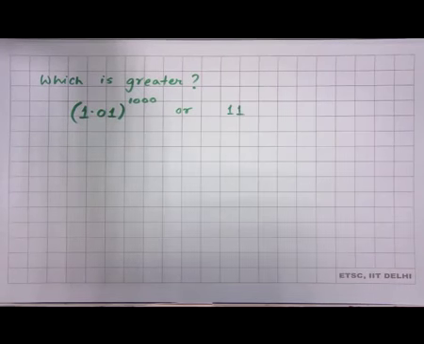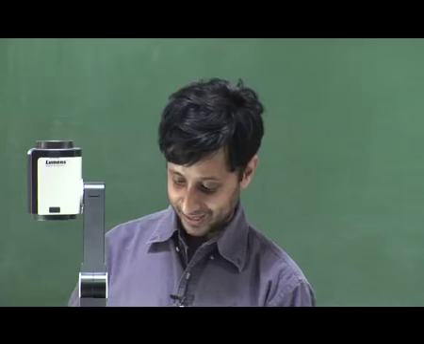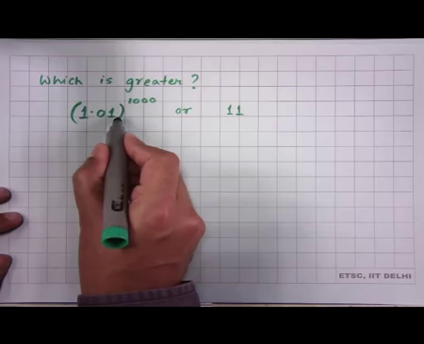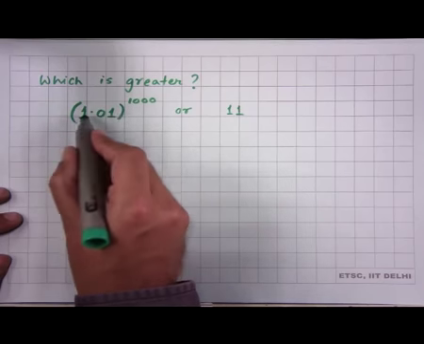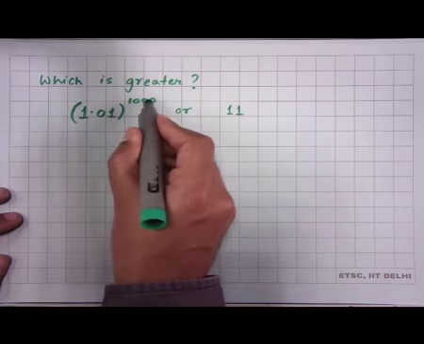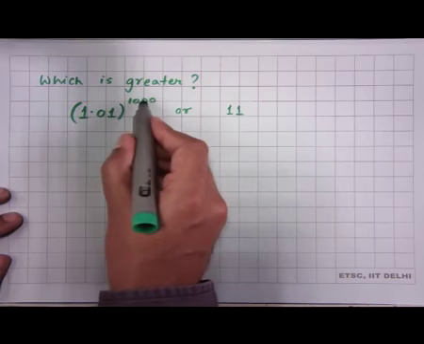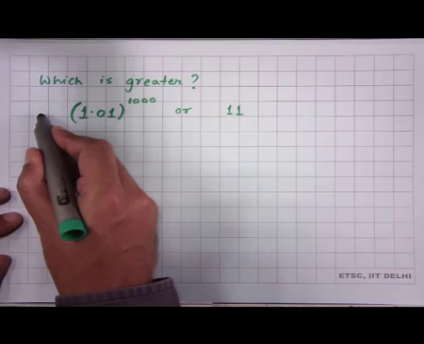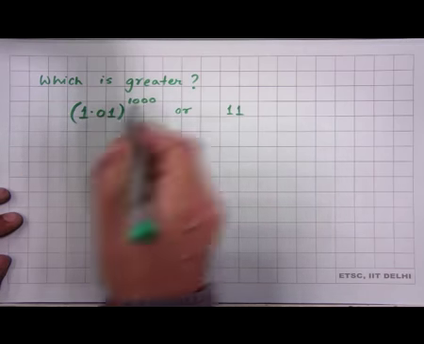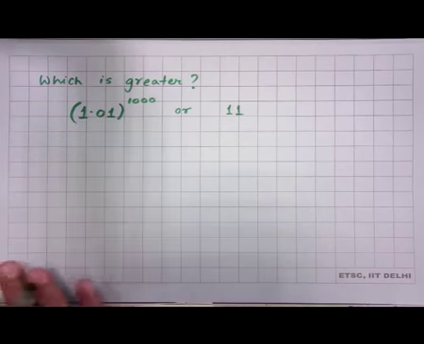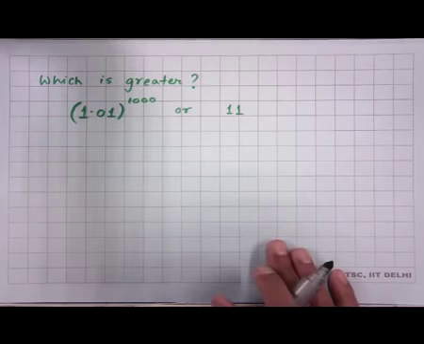You might have a problem like this, and what is the answer? You look at 1.01, you break it up into 1 and 0.01. The first term is going to be 1 to the power 1000, the second term is going to be 1000 times 1 to the power 999 times 0.01. 1 to the power 999 is 1.